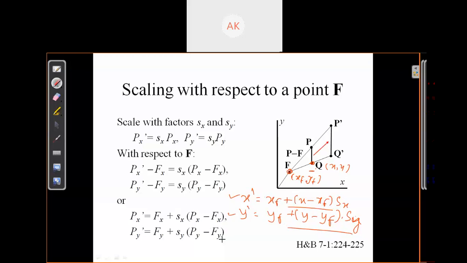In matrix form, you will get P dash equals your scaling matrix into the original coordinates plus T, the translation parameter. So this is the form of the equation when, in scaling, your fixed point is not the origin.